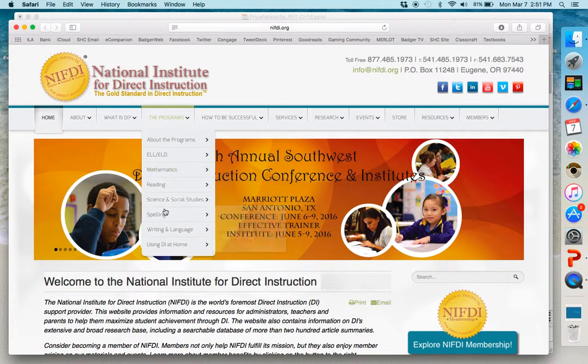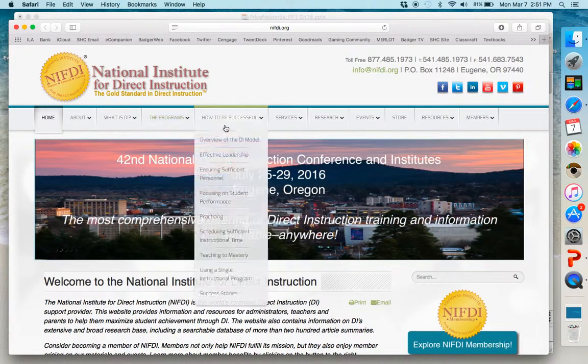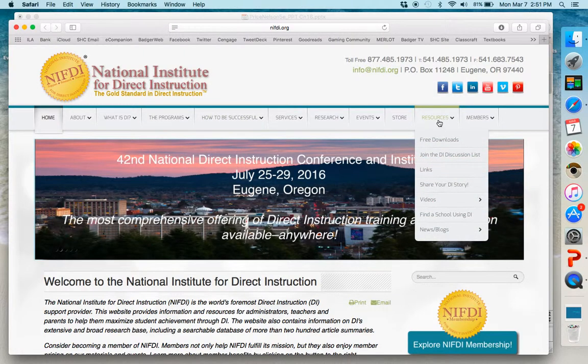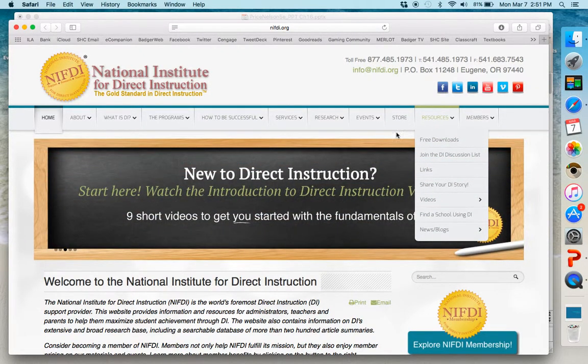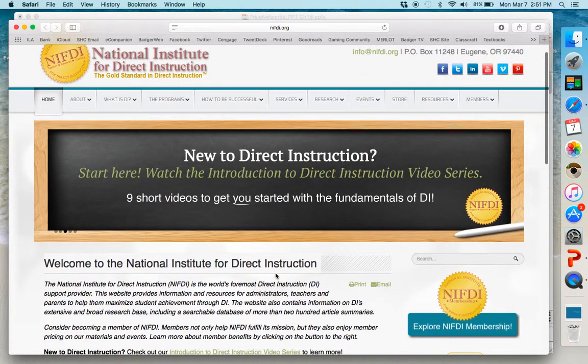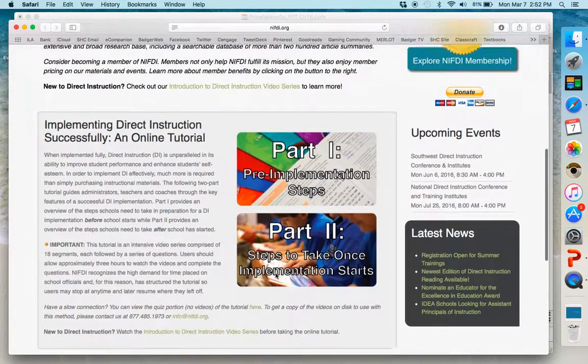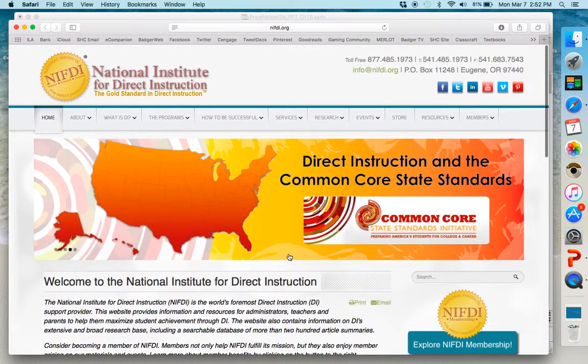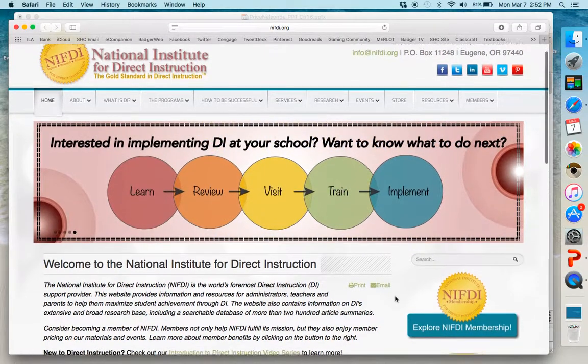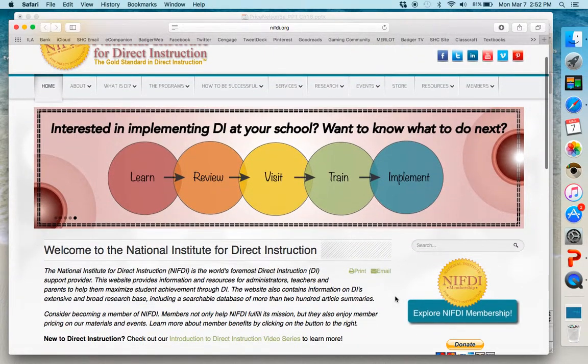You can break it into specific content areas, and find tips on how to be successful. When you go to the resources, you can also see the different journals, so if you need scholarly resources that go along with it. This might be a great website for you to explore and see what resources it has in relationship to direct instruction for you.